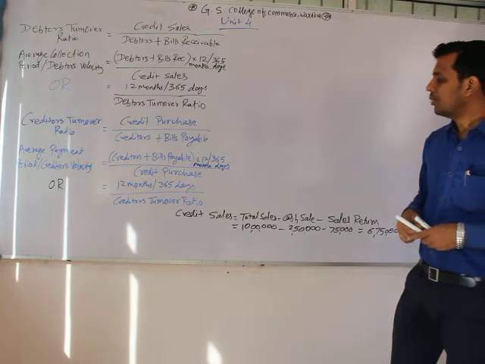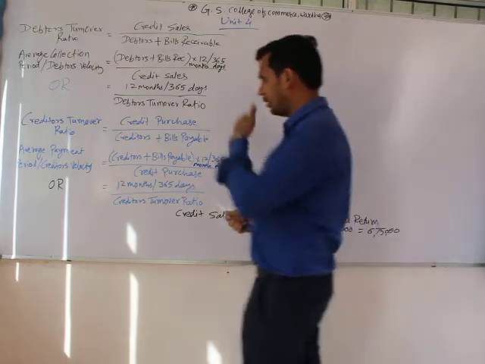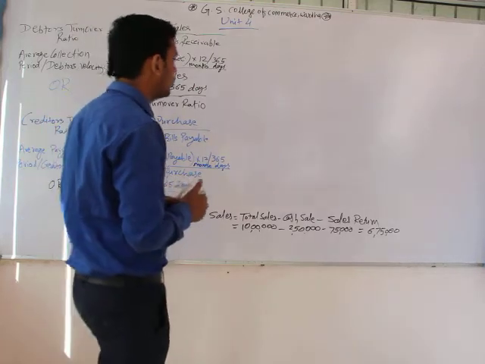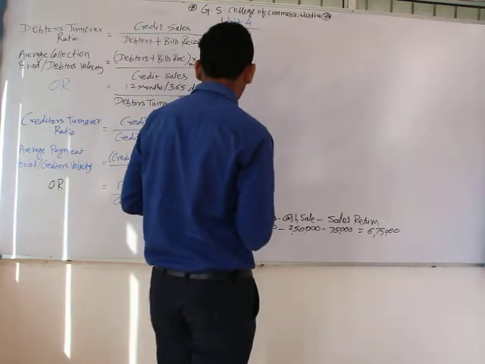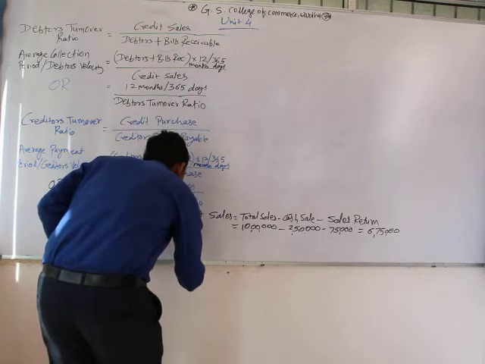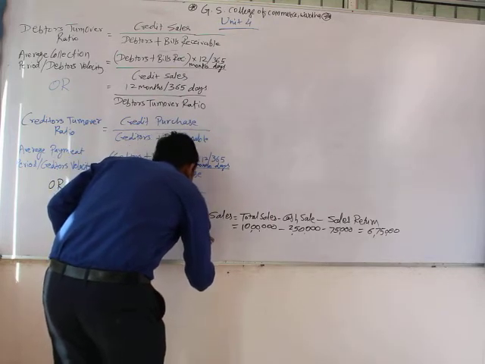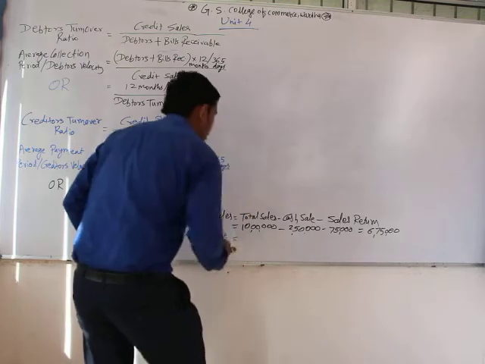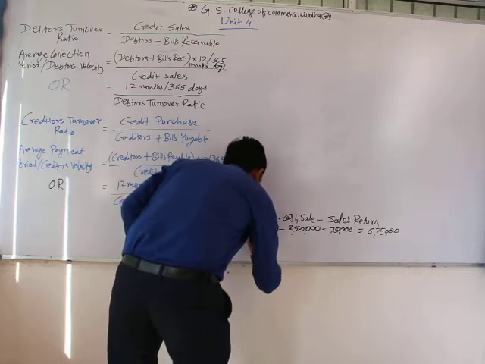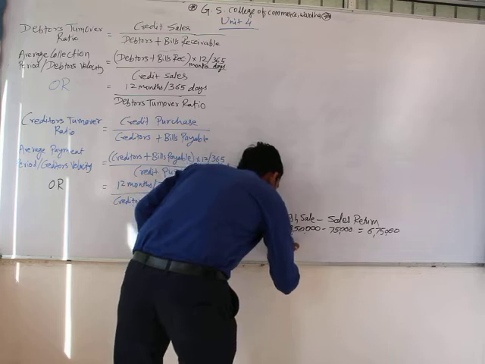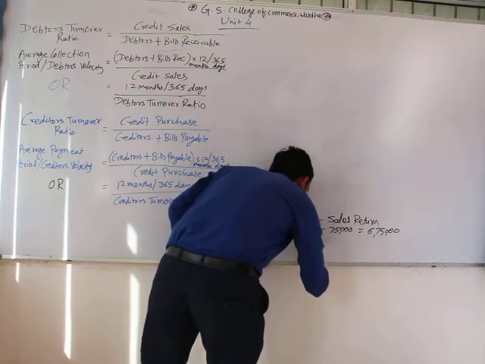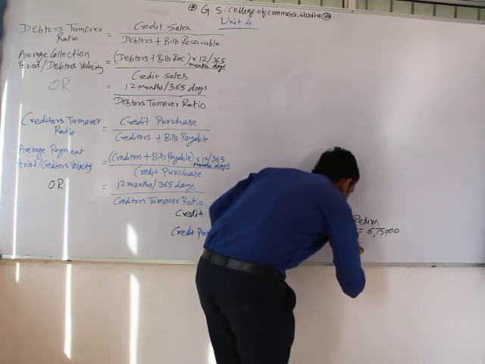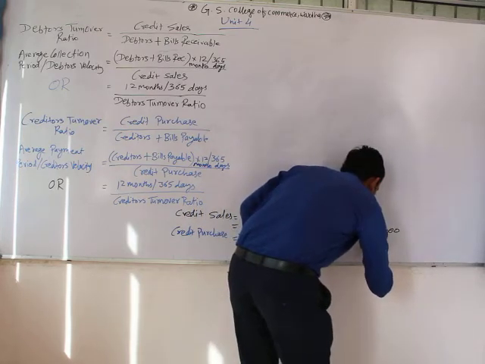Similarly, we would make another working note with respect to credit purchase, because it would be required for the calculation in the further part. Hence, credit purchase is equal to total purchase minus cash purchases minus purchase return.